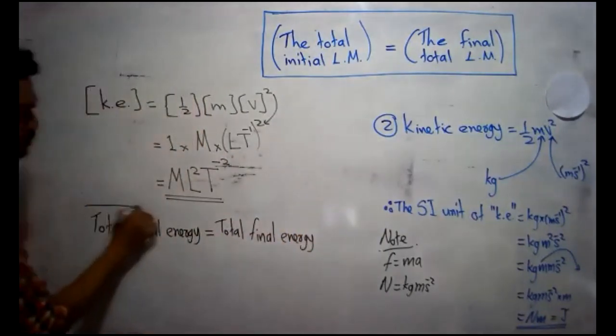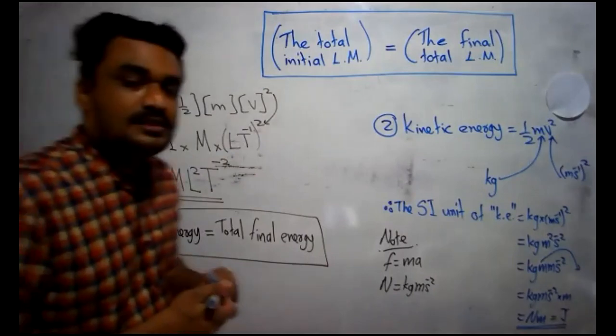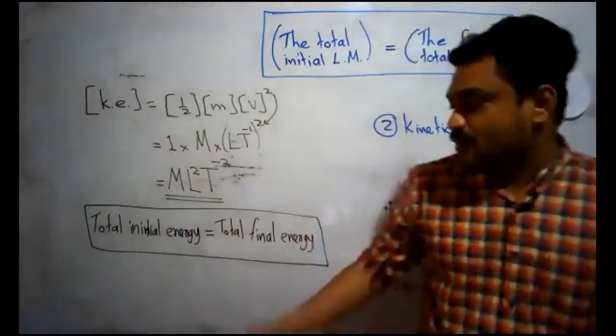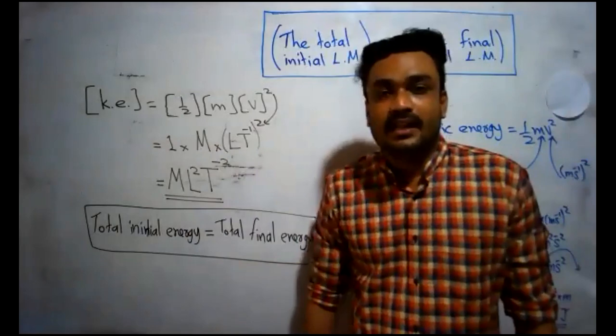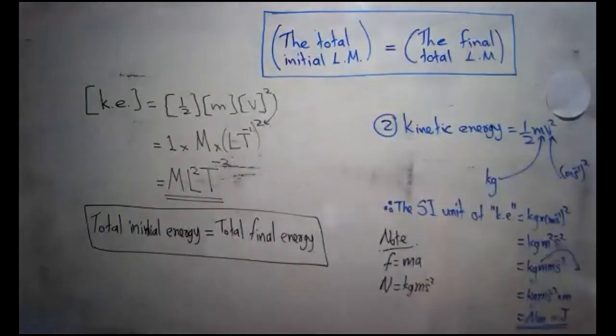So energy is not changed, meaning the initial total energy of an object or a system of objects should be equal to the total final energy. Complete it here. Write it.